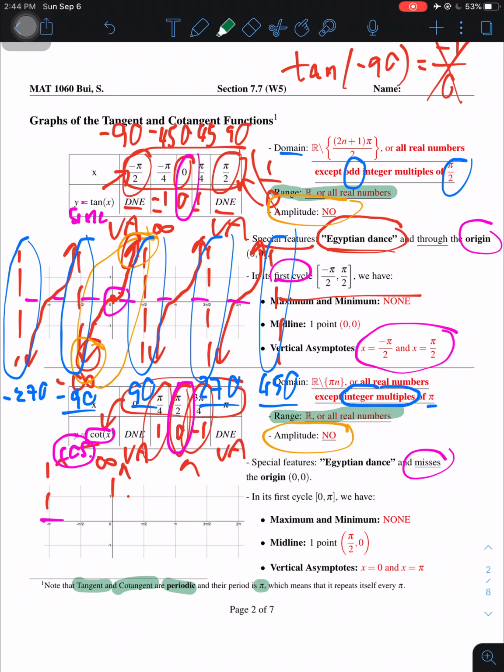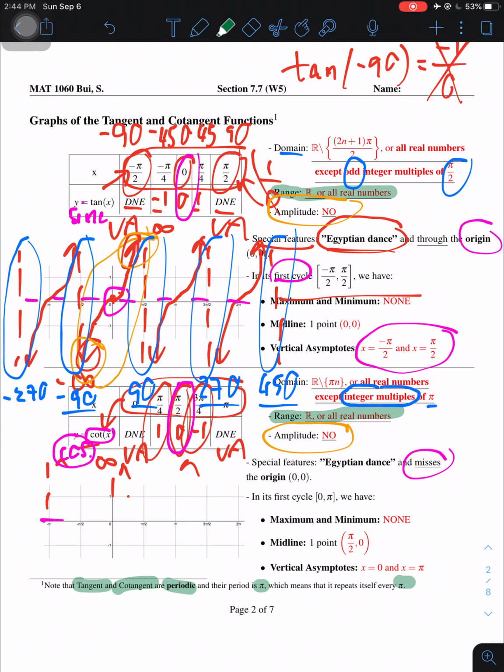So here's a big difference. For sine and cosine, the period is 2 pi, but for tangent and cotangent, the period is actually pi. Make sure you've got that down, because on the test I'm going to ask you something like, is the period of tangent 2 pi? And you have to tell me no, because the period of tangent or cotangent is actually just pi, not 2 pi.